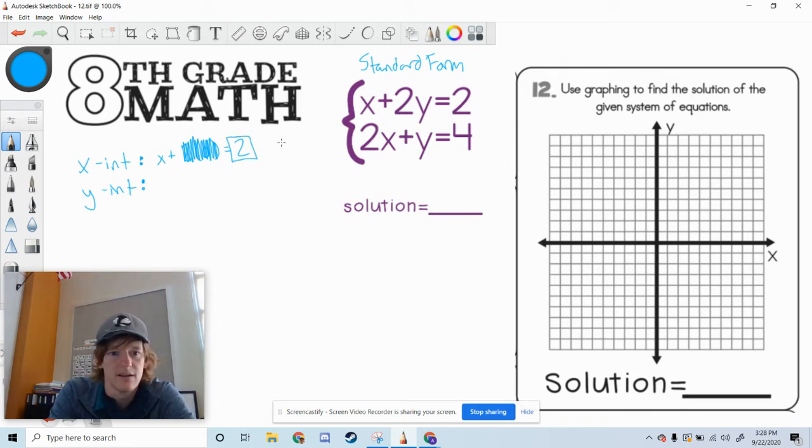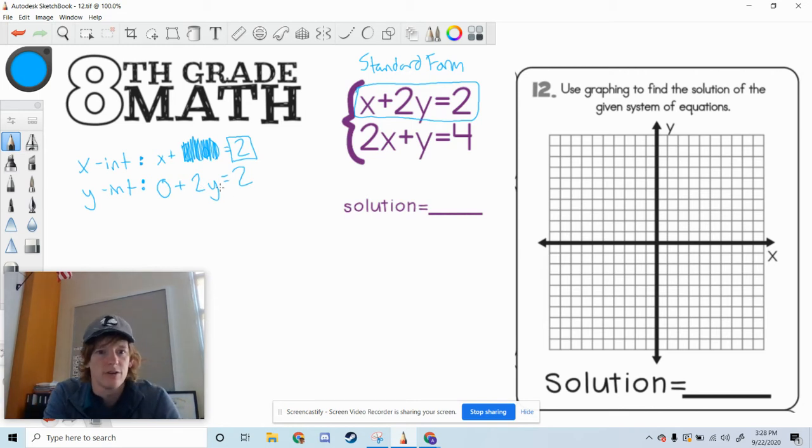All right. Our y-intercept, so this is us doing this one. I'm going to use the blue for this one, and I'll choose another color for the bottom one. For our y-intercept, that's where x isn't negative, x isn't positive, the x should be 0. So instead of plugging in 0 for y, I'm going to plug in 0 plus 2y equals 2.